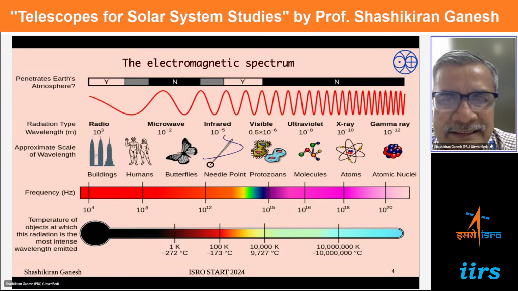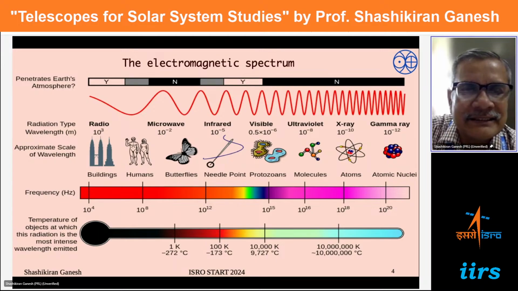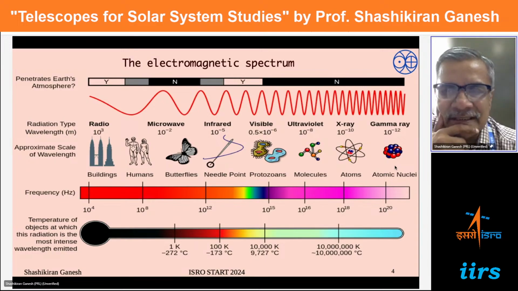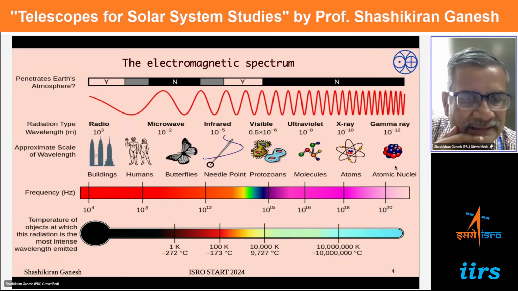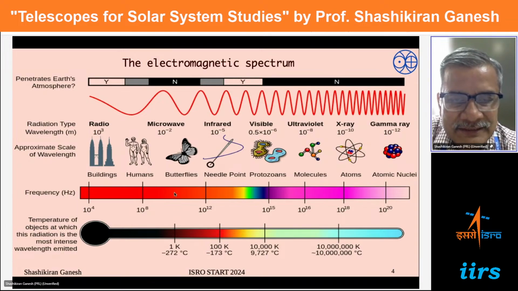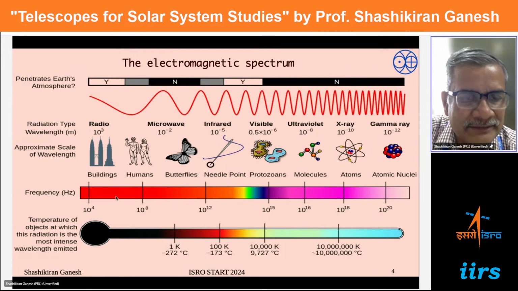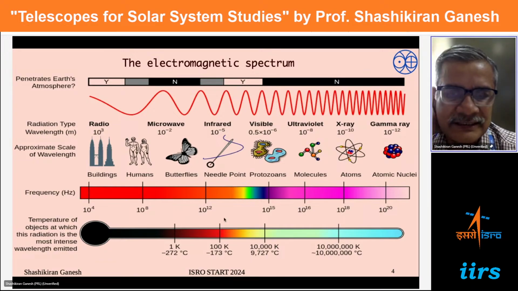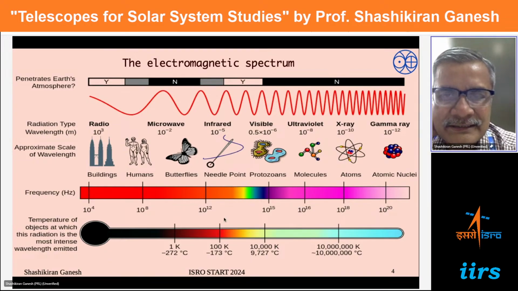Okay, and in this slide we have the details about the wavelength and then the typical scale of the objects that you can see at those scales. Okay, it also tells you what are the frequencies that would be associated with the corresponding wavelengths, and also, of course, as a black body spectrum, what is the kind of temperature where that particular wavelength would peak.